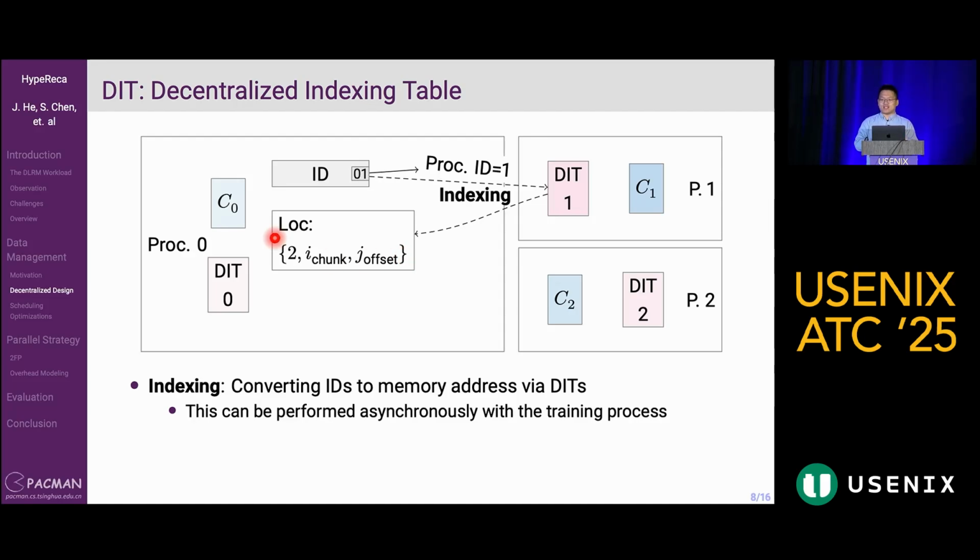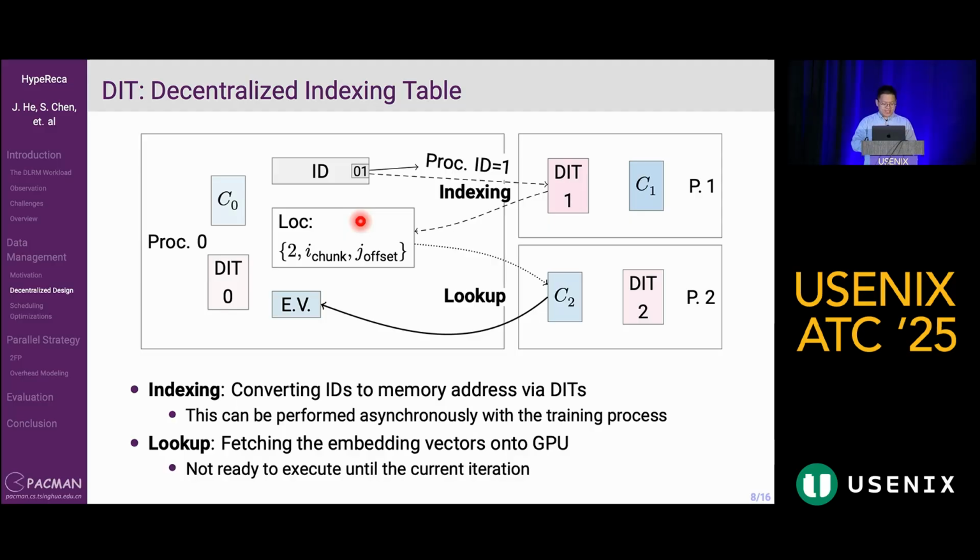Because this process does not involve any real embedding data, it can be performed before the training iteration, as long as you have the IDs. This is why we call it prefetch. Then the second process is called lookup. This is where the real data movement happens, to copy the data from the embedding chunk to the GPUs.